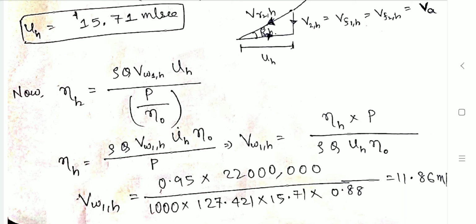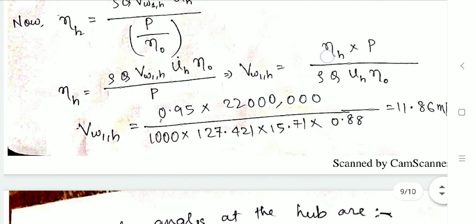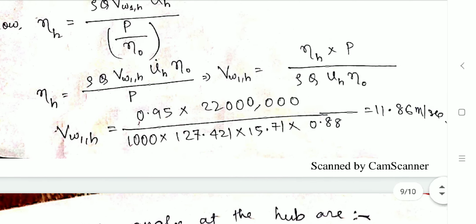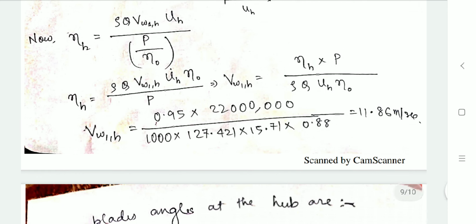The procedure in this part remains the same as earlier. So from here we calculate the tangential component of the absolute velocity at inlet, and it comes out 11.86 meter per second.